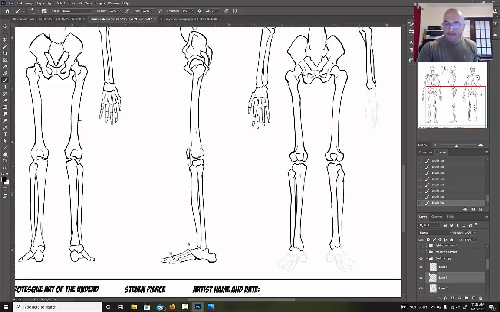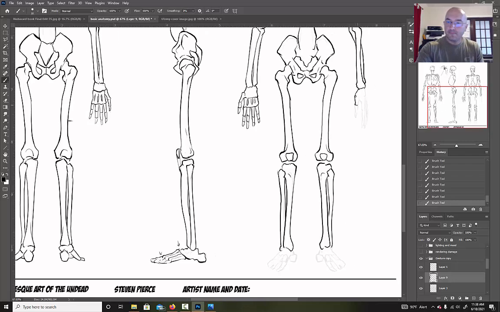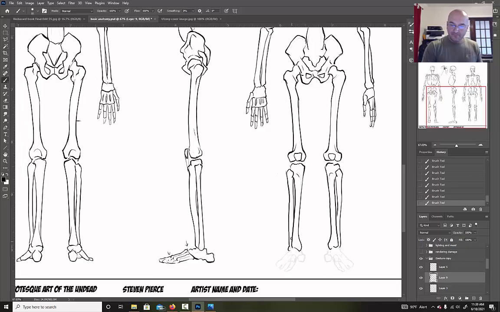Fibula, and the metatarsals, basically meaning toes. Heel bone. That was jacked up.